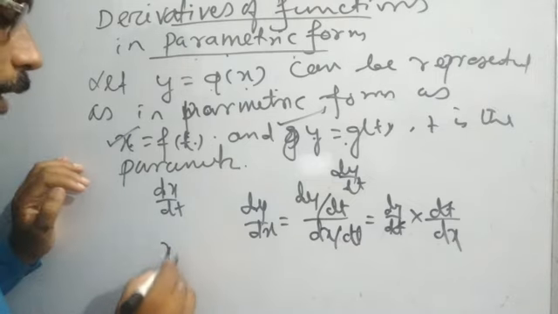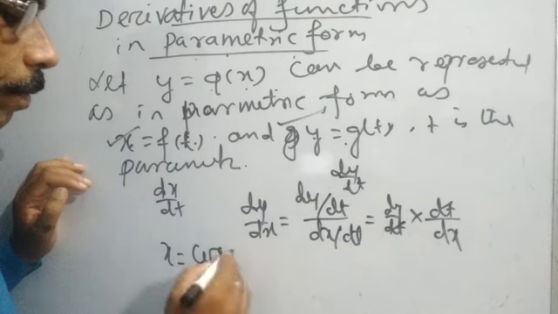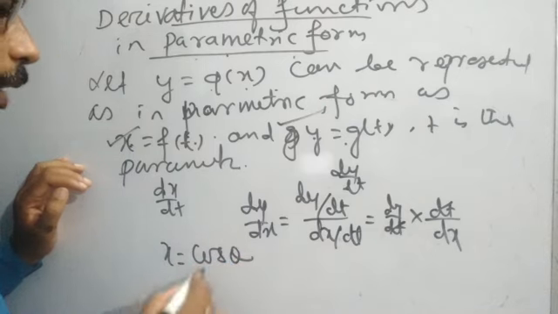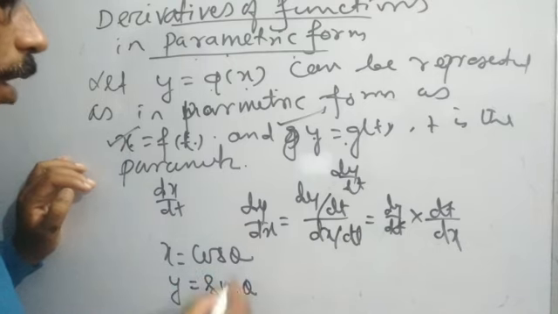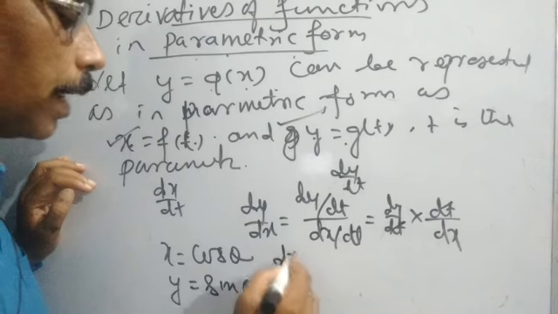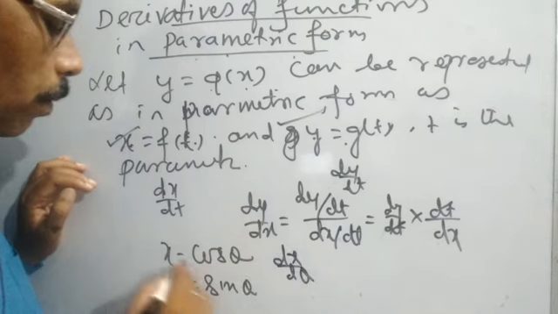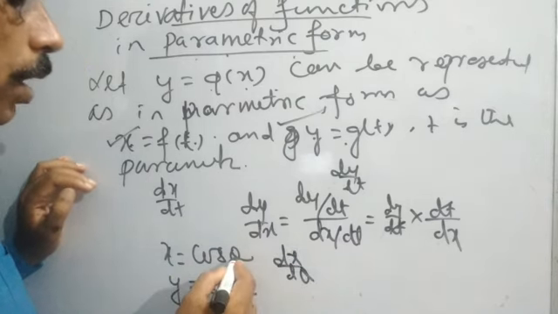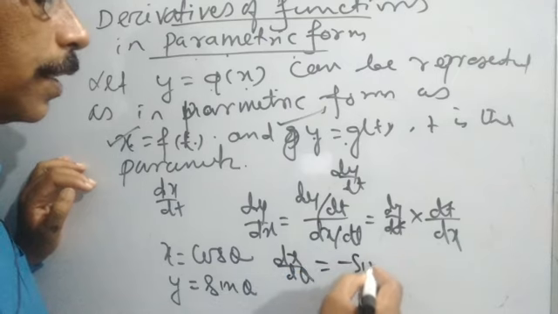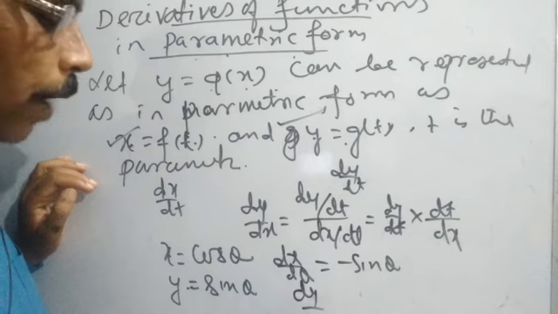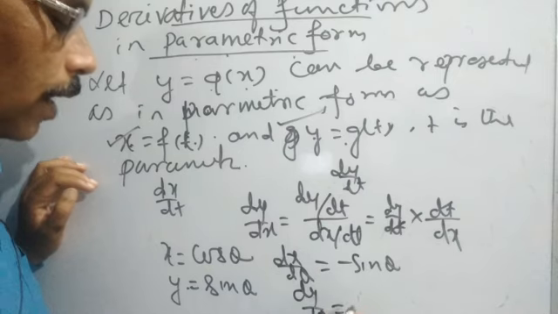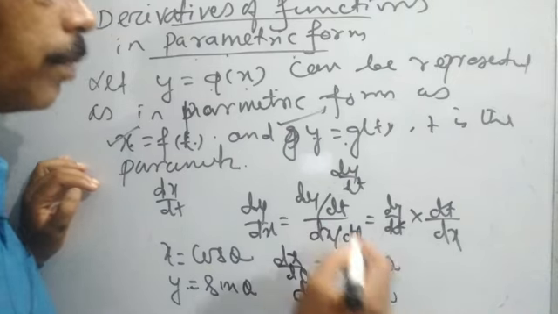So I'll consider now a function. For example, x is equal to, suppose, cos theta. That is x is equal to cos theta, that is a function of theta. Then y is sin theta. So you can find easily dx by d theta. Why? Because the derivative of x with respect to theta will be minus sin theta. Again, you will find dy by d theta, that is equal to cos theta.